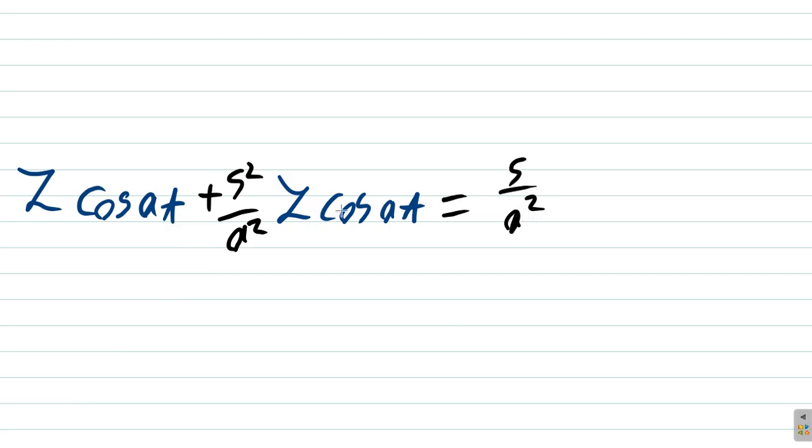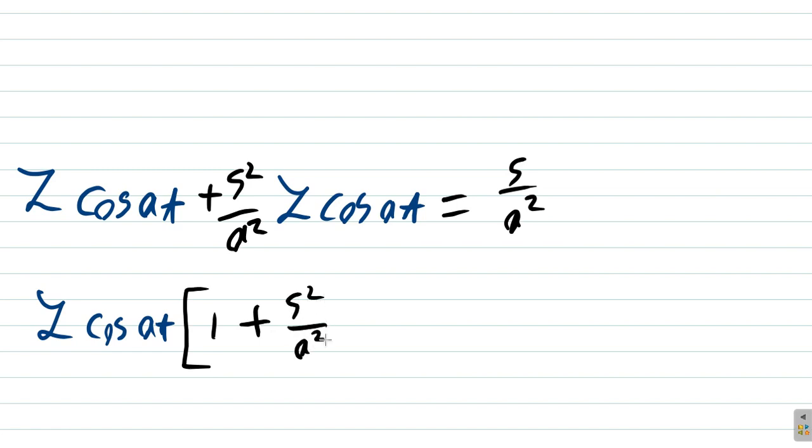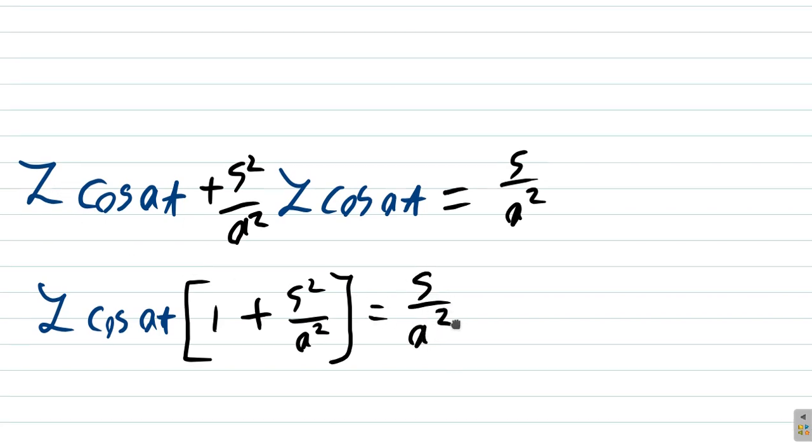Alright, let's factor out the Laplace transform of cos AT. The Laplace transform of cos AT, inside the bracket will be 1 plus s squared over a squared, is equal to s over a squared. Alright, nice.